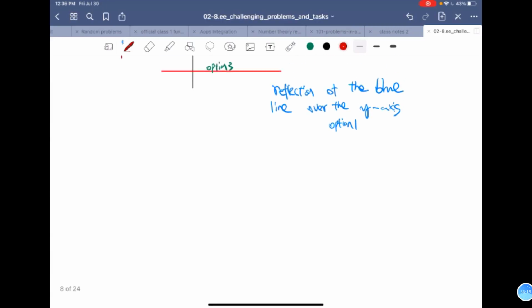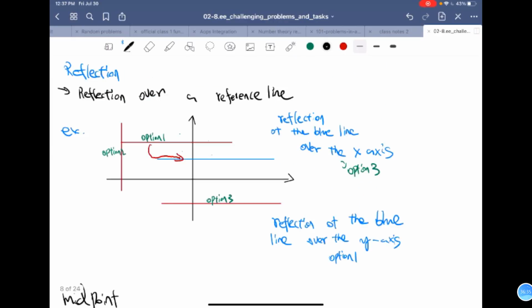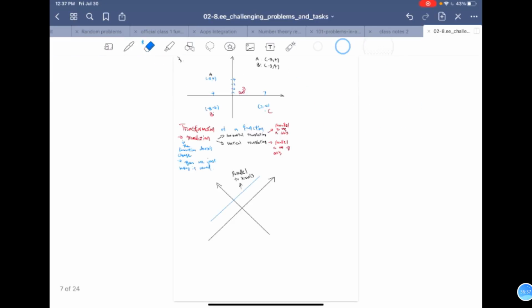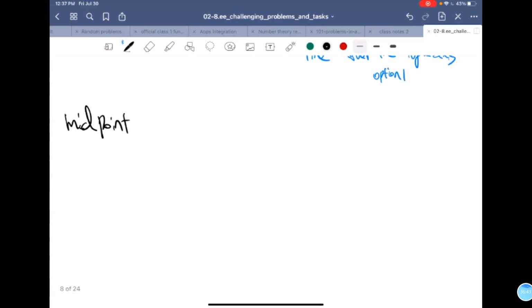You guys haven't touched on it, but just conceptualize it and you will understand it better in the future. Midpoint. Oh yeah, I found what we were going to talk about today. I was actually kind of confused about what to teach. All right, midpoint. That's a very nice thing.